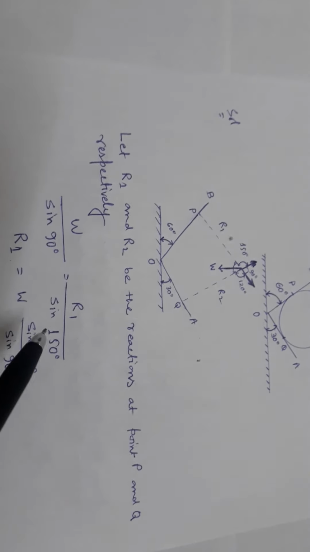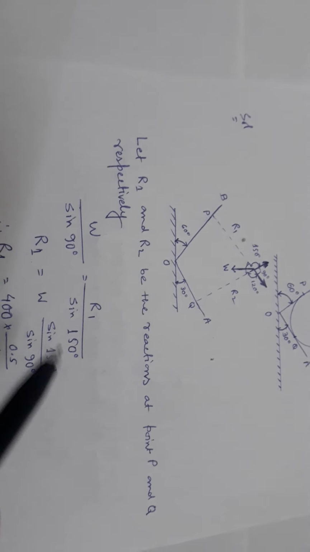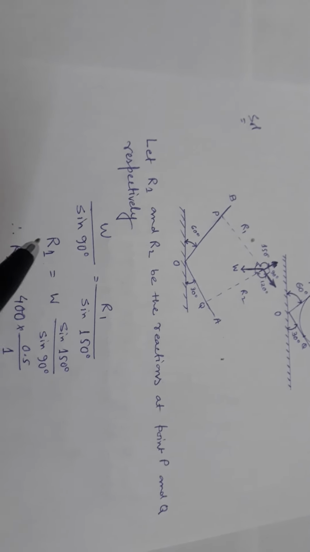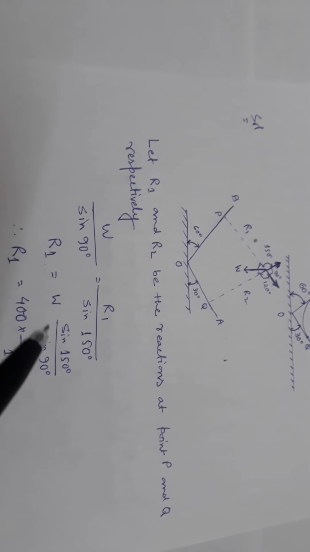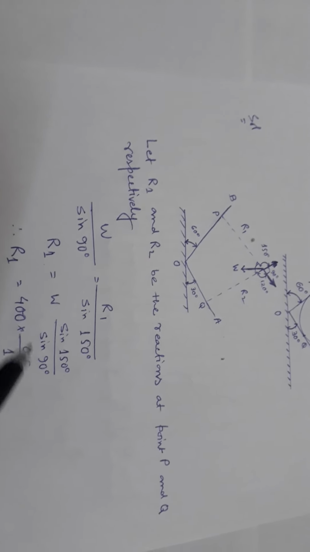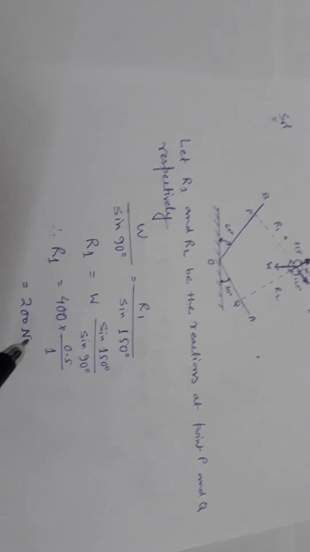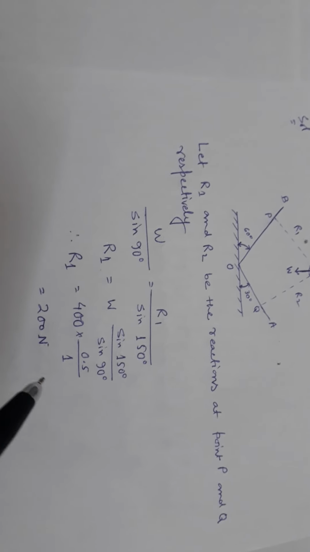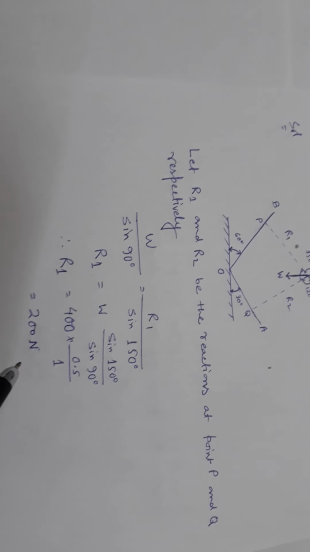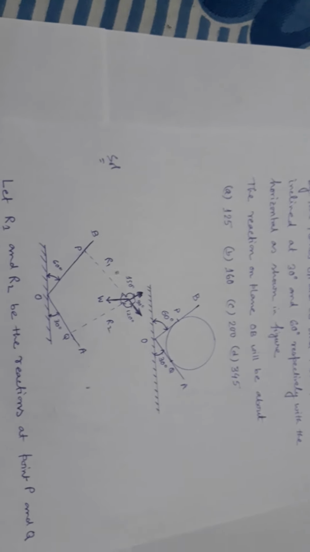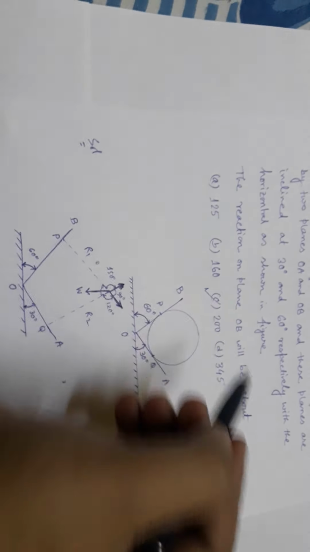So R1 by sine 150. From this equation, you have to find out the value of R1. R1 equals W sine 150 by sine 90, and the value will be 200 Newton. So the answer of this problem is 200 Newton.